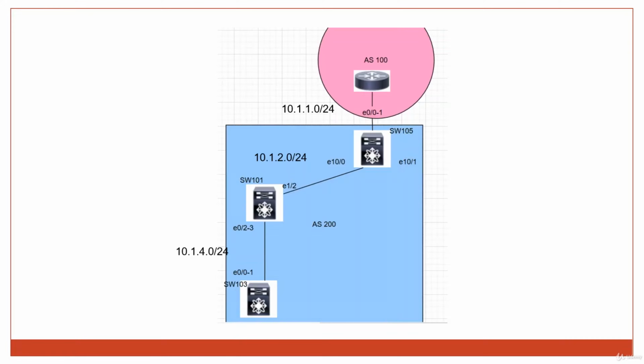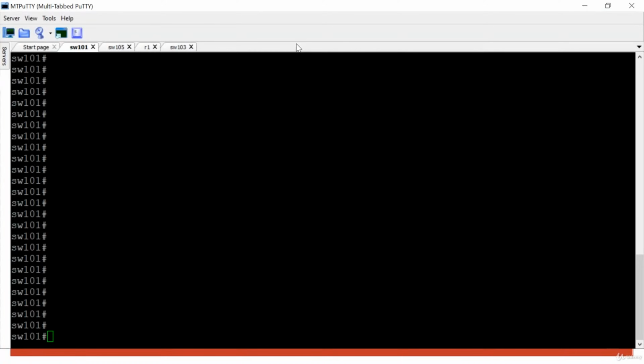Now we are going to perform the lab task. You can see in the diagram that we have AS100 and AS200. Inside AS200, we have devices that are going to form the IBGP relationship, and between AS100 and AS200 we have the eBGP relationship. Let me quickly log into the devices. We are going to perform some of the tasks that we have covered already in the theoretical section.